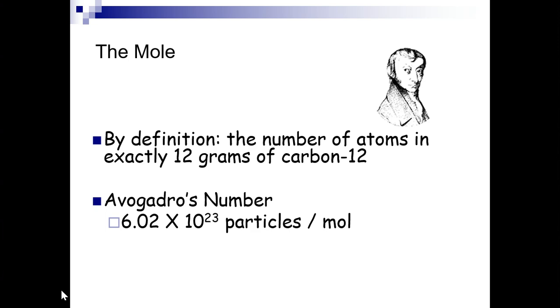They use carbon-12 because it's very common as a marker. They use 12 grams because carbon-12 and 12, yay, that's cool. And then they were able to determine how many atoms were in that 12 grams of carbon-12. And this is the number, it's called Avogadro's number, 6.02 times 10 to the 23rd.